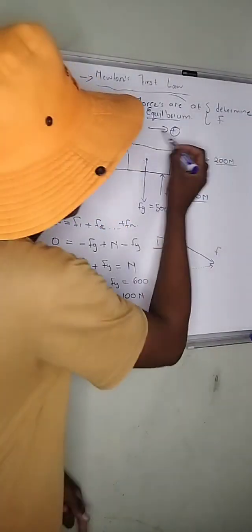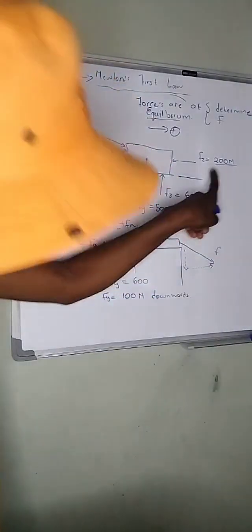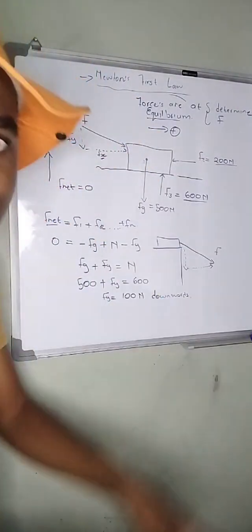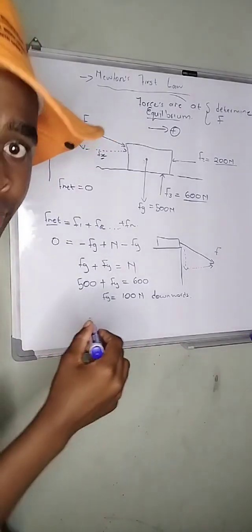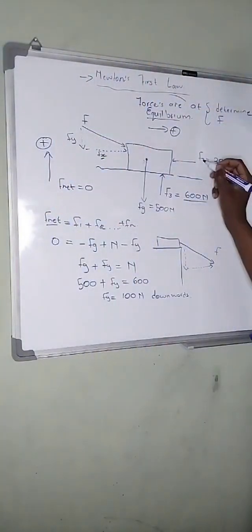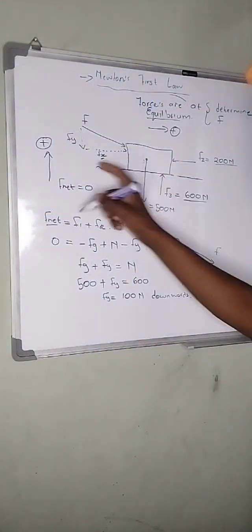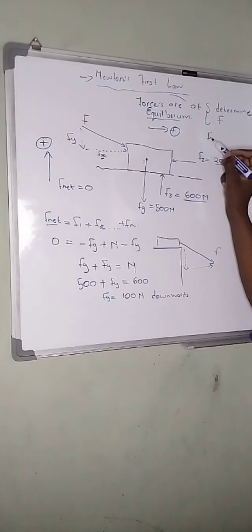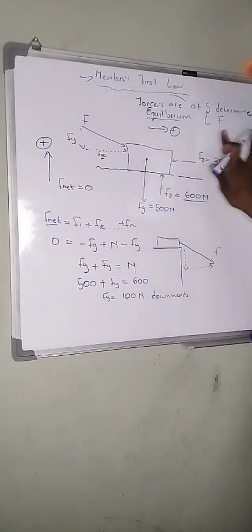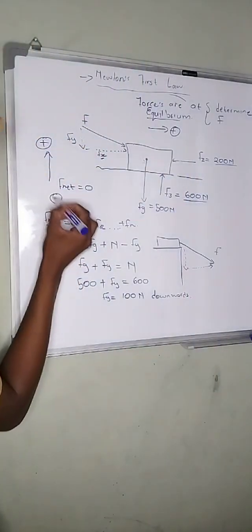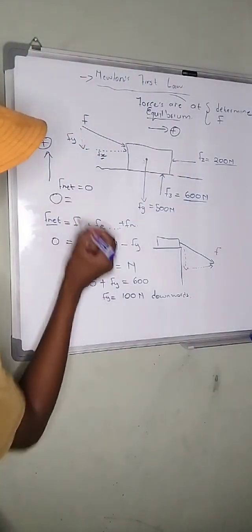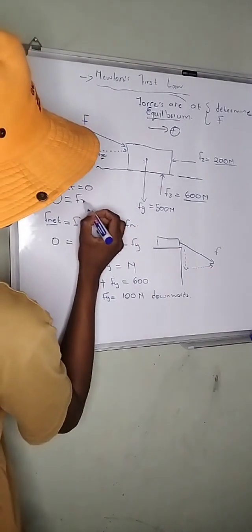Negative. So I'm going to say F net, since F net is going to be equal to 0, 0 is going to be equal to Fx.